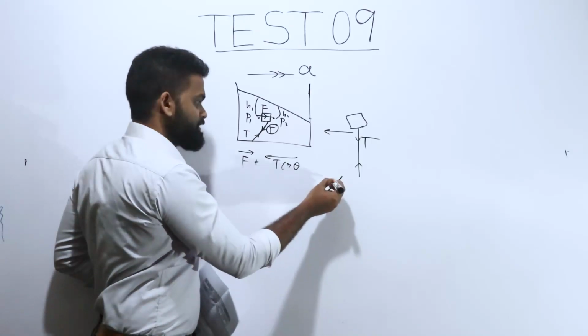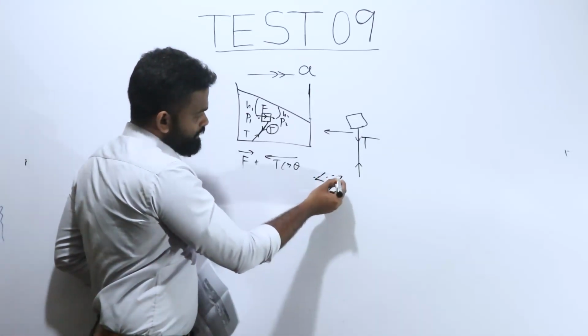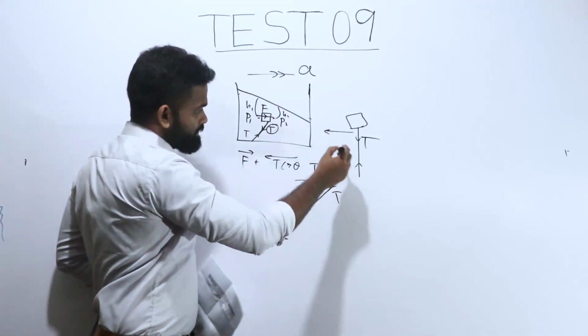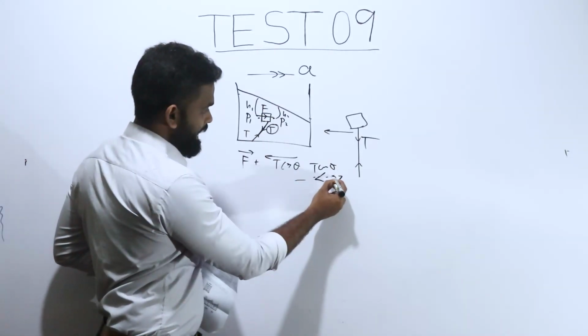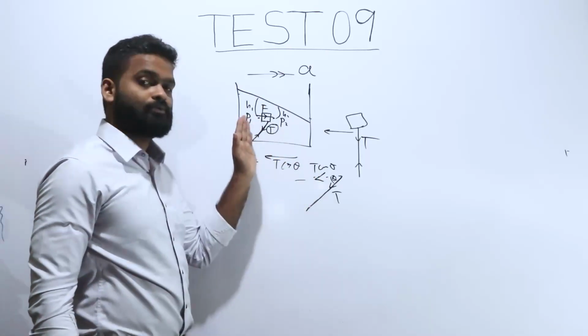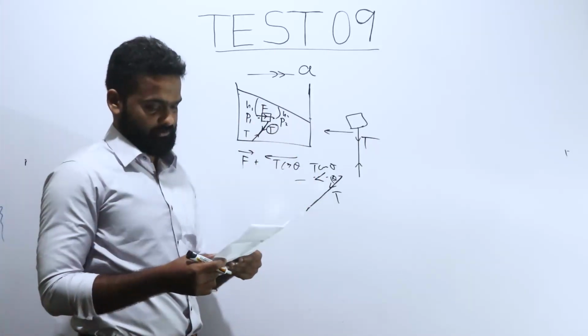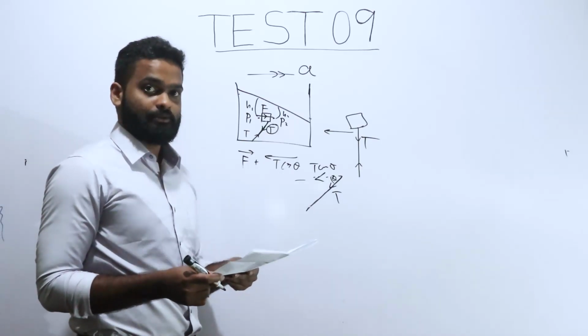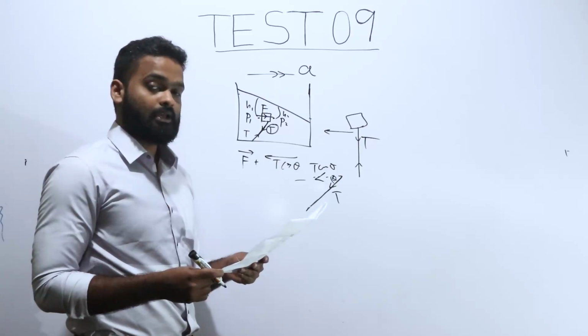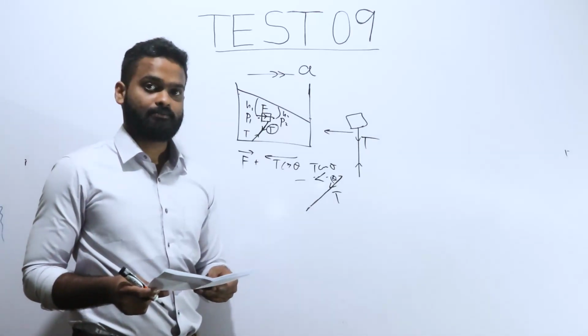Then this tension can create a component to the other side like this. Let's say that component is T cos theta, given that angle is theta. So the string has to form like this. So the correct answer for that should be the third one. That shows the correct formation of the knob and the water level.